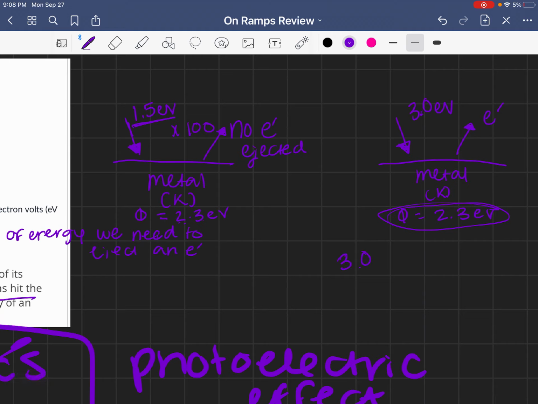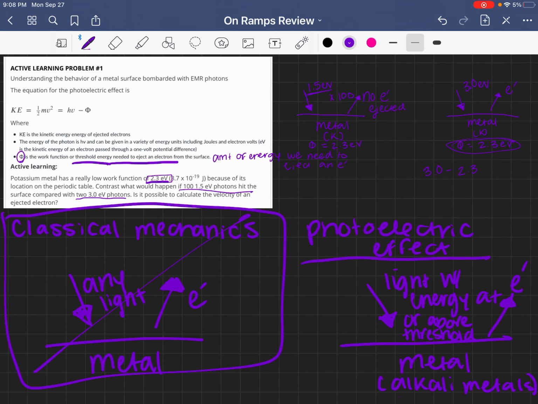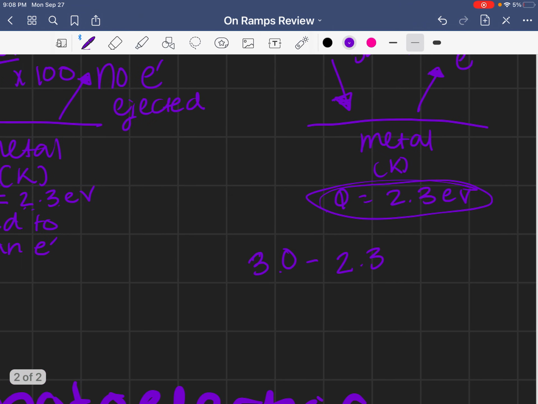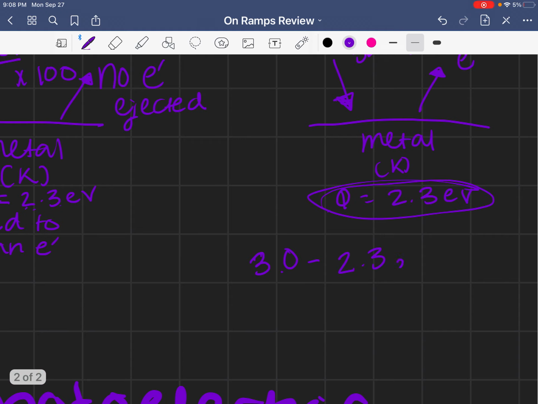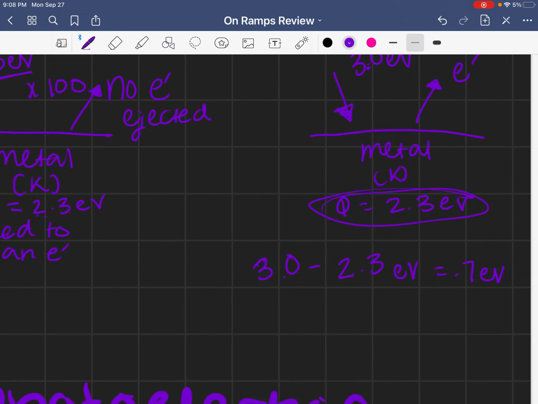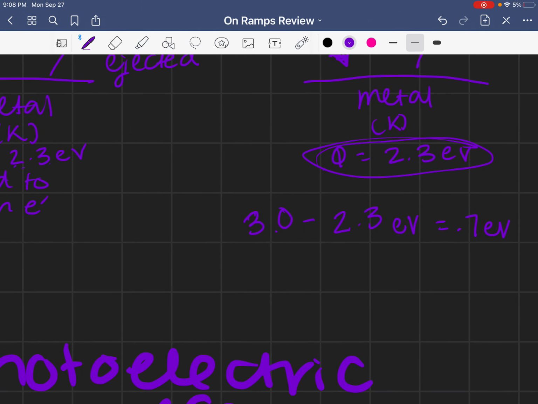Remember, energy is not created nor destroyed. So let's see how much energy we have left over. We had 3 hit the surface, and our minimum amount of energy we need is 2.3 to eject an electron, which we did. So we have 0.7 eV left. What that is going to do, it is going to turn to kinetic energy.